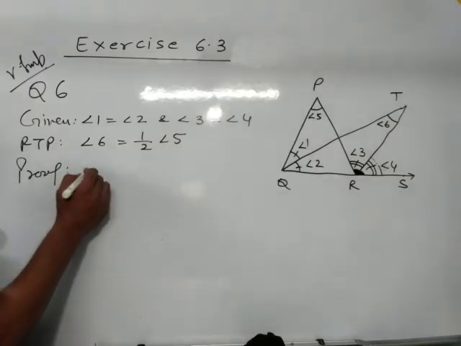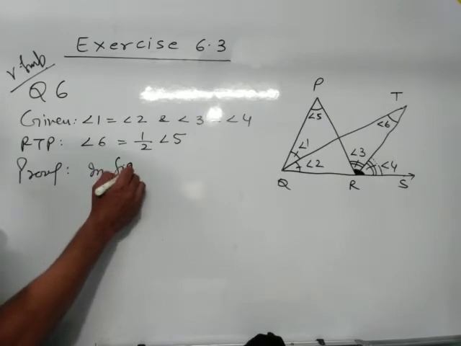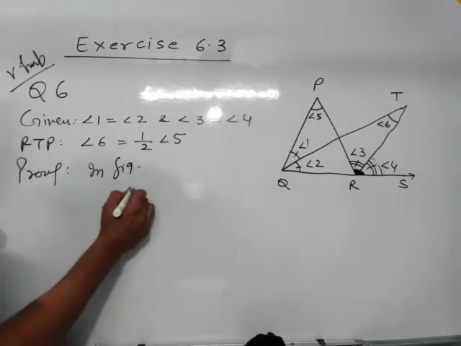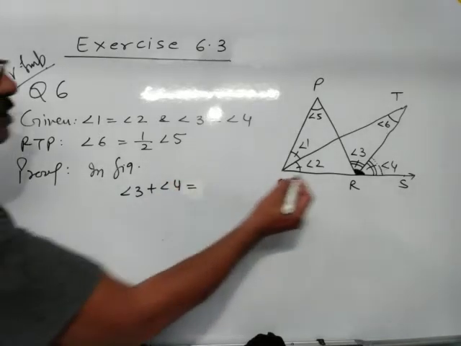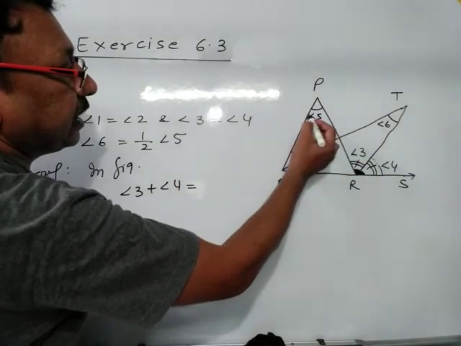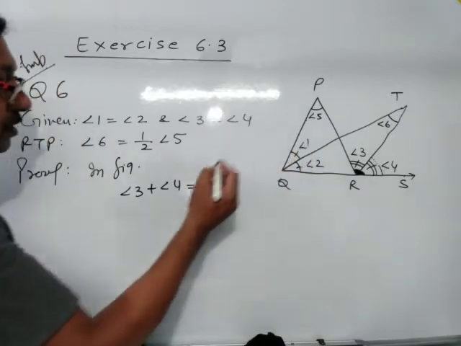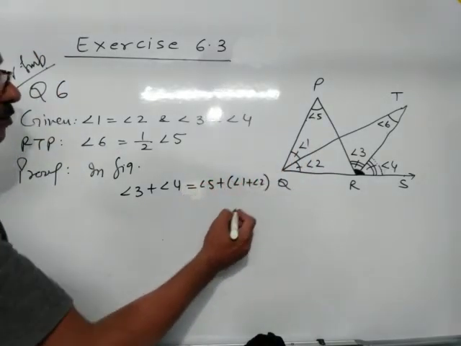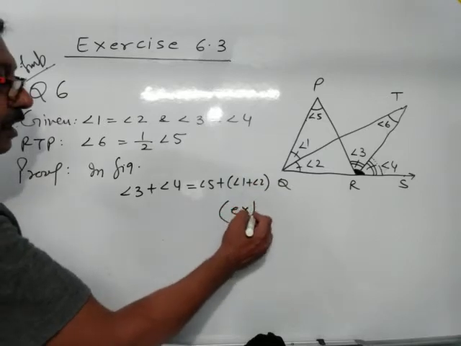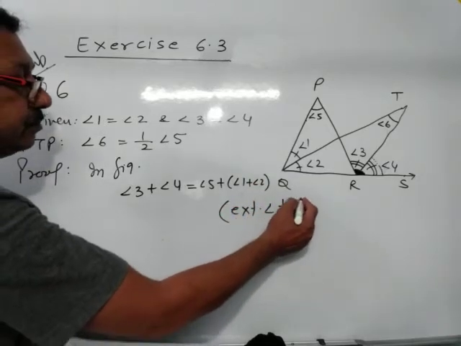So see in the figure, angle 3 plus angle 4 is equal to angle 5 plus angle 1 plus 2. Why?